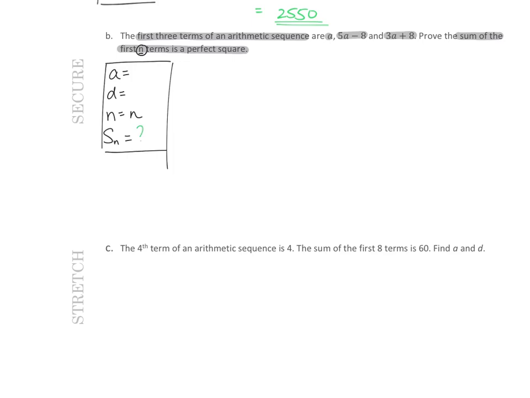So remember in our summary we wrote that you have to use your knowledge of sequences to find maybe a or d. This is what we need to do here. So this minus this equals this minus this.